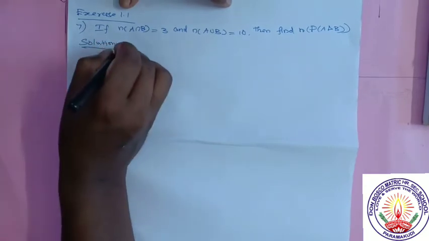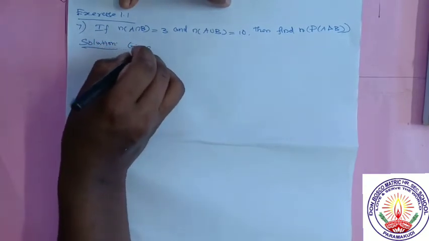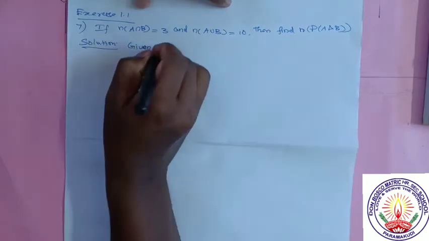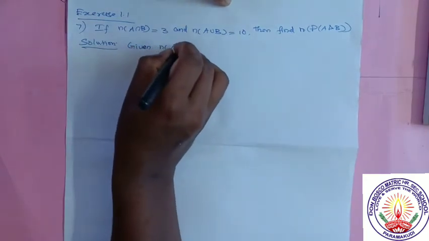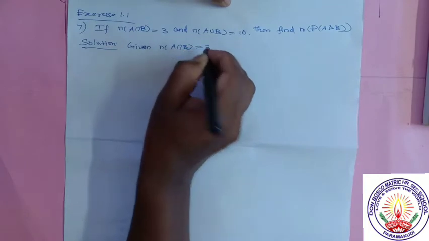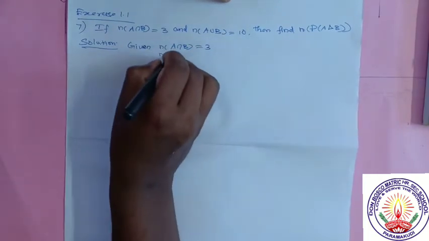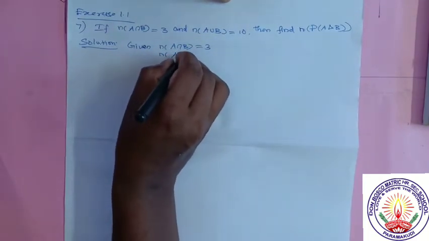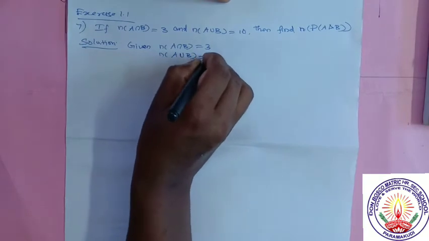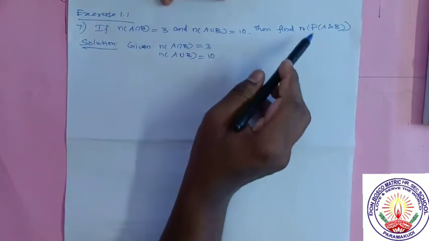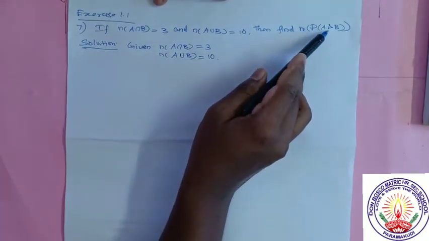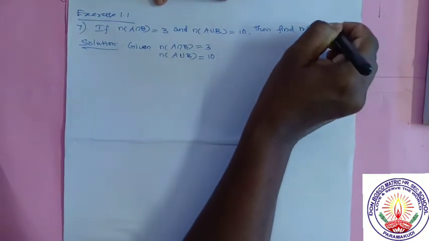What are the given details? Given n of A intersection B is equal to 3 and n of A union B is equal to 10. Our question is n of P of A symmetric difference B.